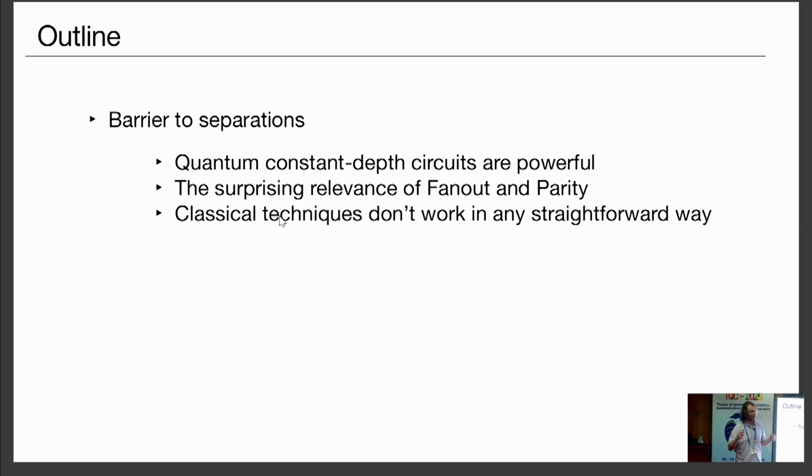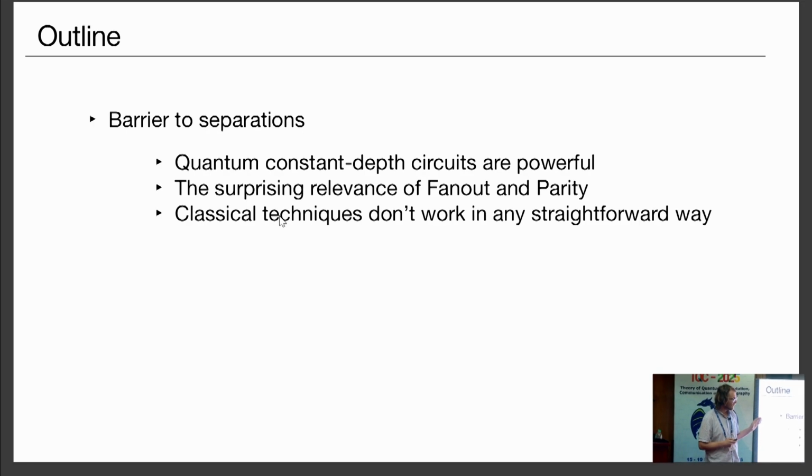And so this prevents us from taking any of the classical lower bound techniques and just naively porting them over to the quantum setting. And on the second bullet point here, there's an interesting relationship between what's called fan-out and parity, which I'll talk about in a little bit.